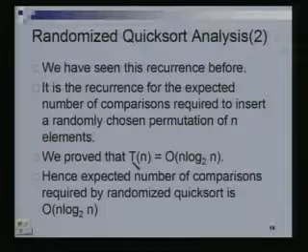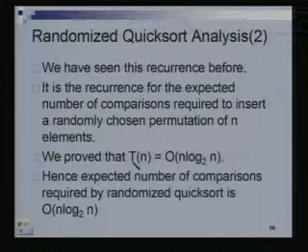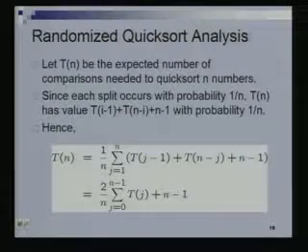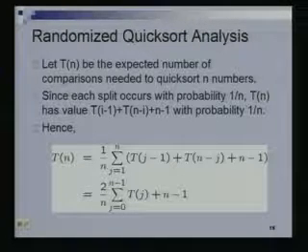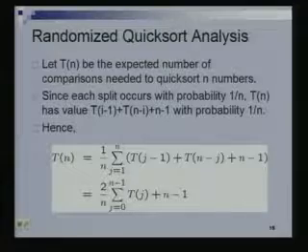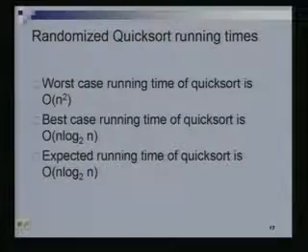Any questions till this point? So, this is the analysis which we did, and this is the expected number of comparisons required by quicksort. Let us quickly summarize what is the time taken by quicksort.